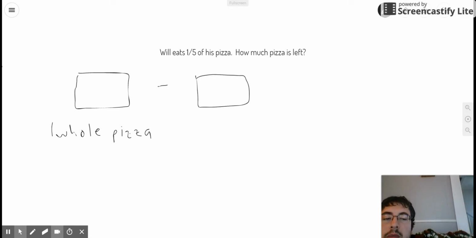So using the same type of shape here, and in a perfect world, my drawings would be perfect, and they'd be exactly the same size, but unfortunately they're not. So he eats 1/5 of that piece of pizza.